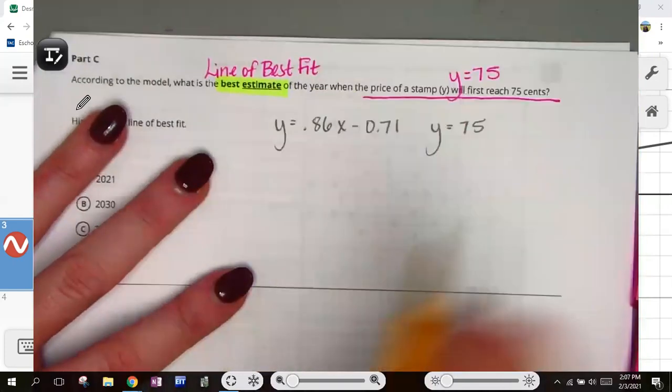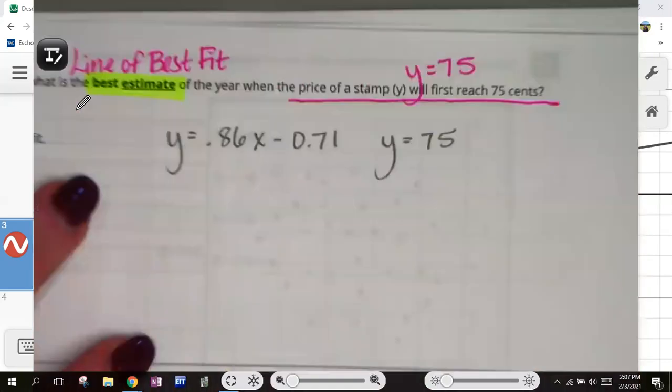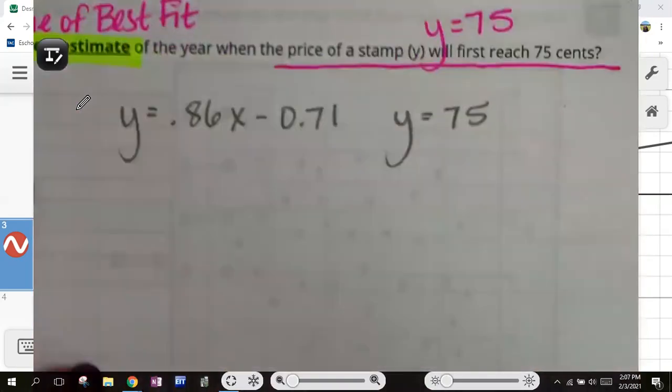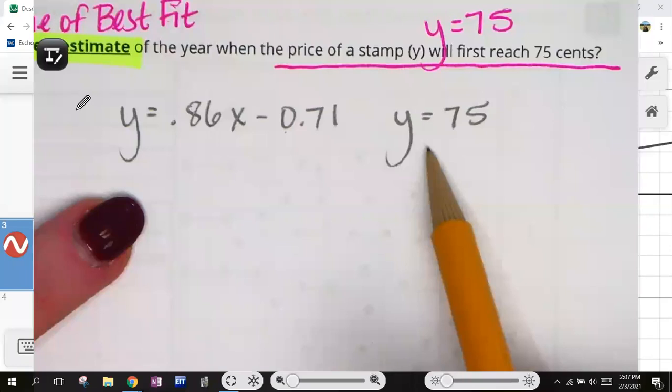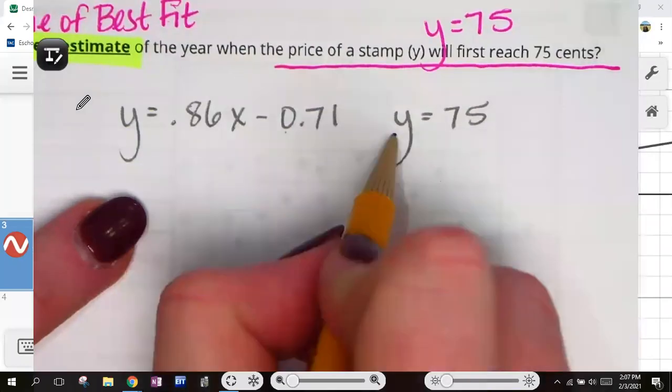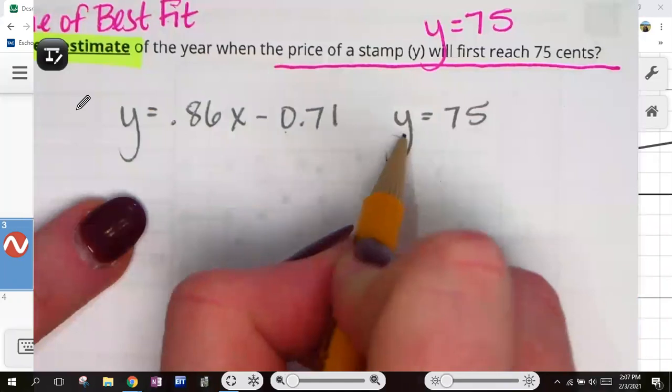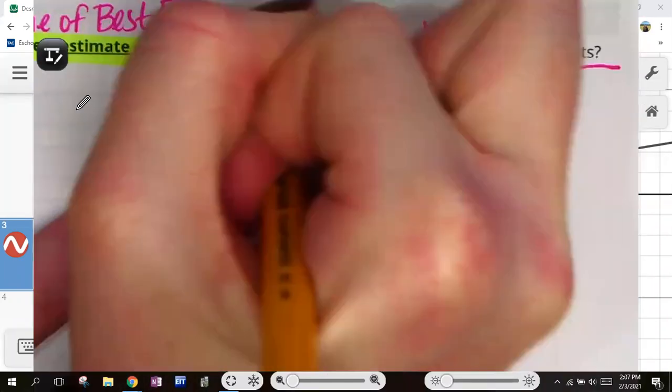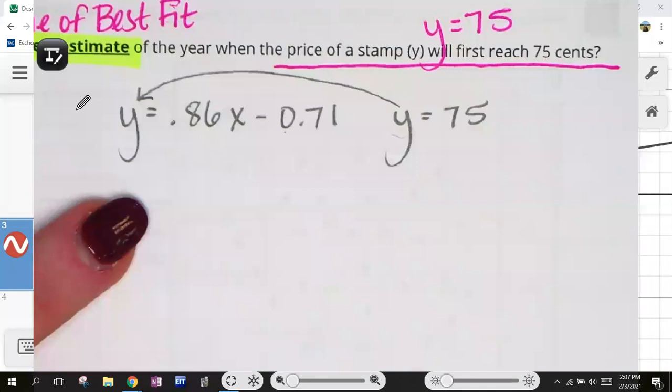All right, that is our line of best fit equation. We have an equation. We have a variable. What do we do? We substitute it. Be careful though. This one is substituting in for y. So that goes all the way over there.